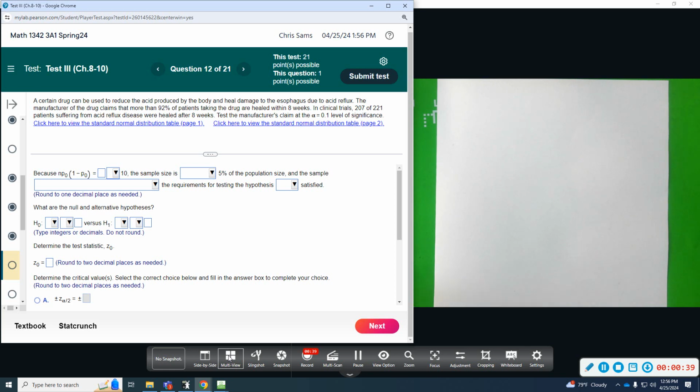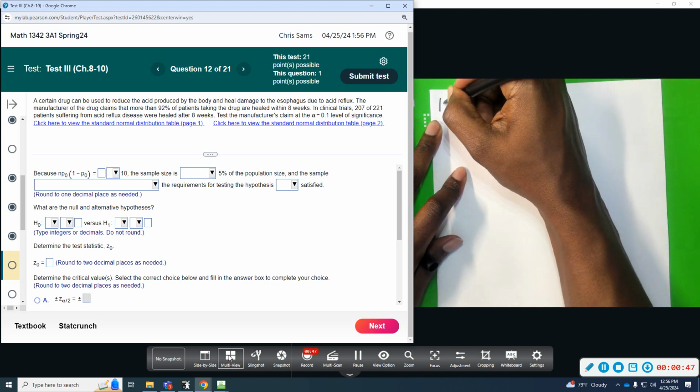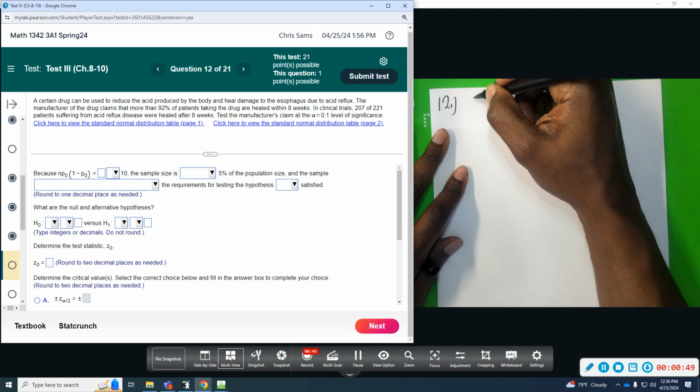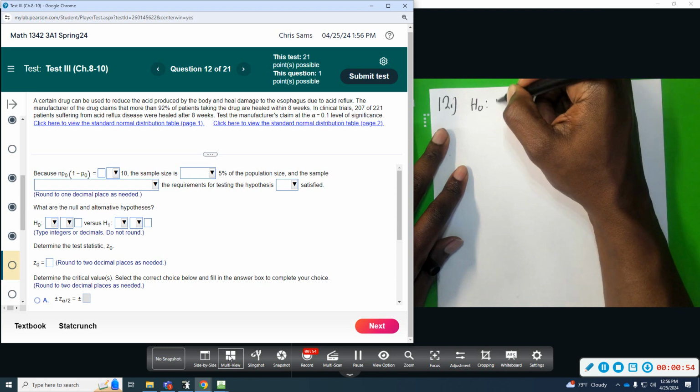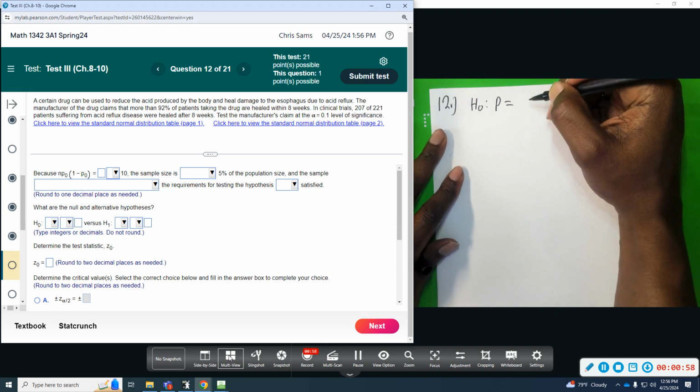So this is going to be a proportion test. I'm going to go ahead and set up everything, and then we'll go from there. So we are looking at the null: proportion is equal to 0.92.